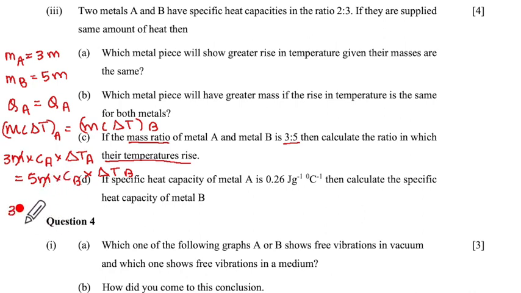We will have 3 into Ca into delta Ta is equal to 5 into Cb into delta Tb.